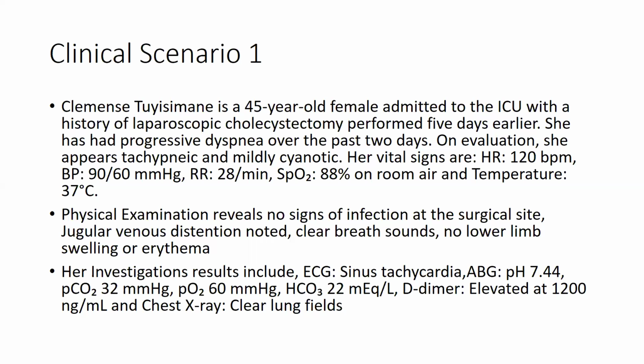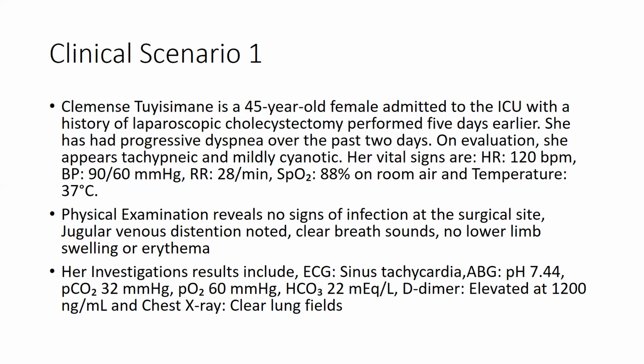She's a 45-year-old female patient admitted to the ICU who has undergone laparoscopic cholecystectomy 5 days earlier. She has had progressive dyspnea over the past 2 days in the course of her ICU admission, and on evaluation, she appears tachypneic and mildly cyanotic.